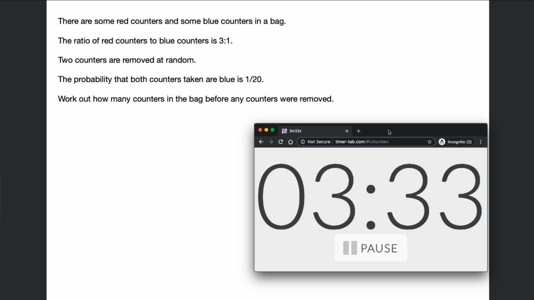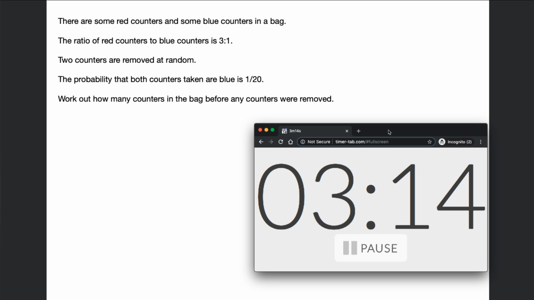So I thought I'd try this and see what you think of it. Yeah, you could use tree diagrams for this. So again, if you're watching live, get a pencil and scrap paper out. See if you get this in the next 3 minutes.